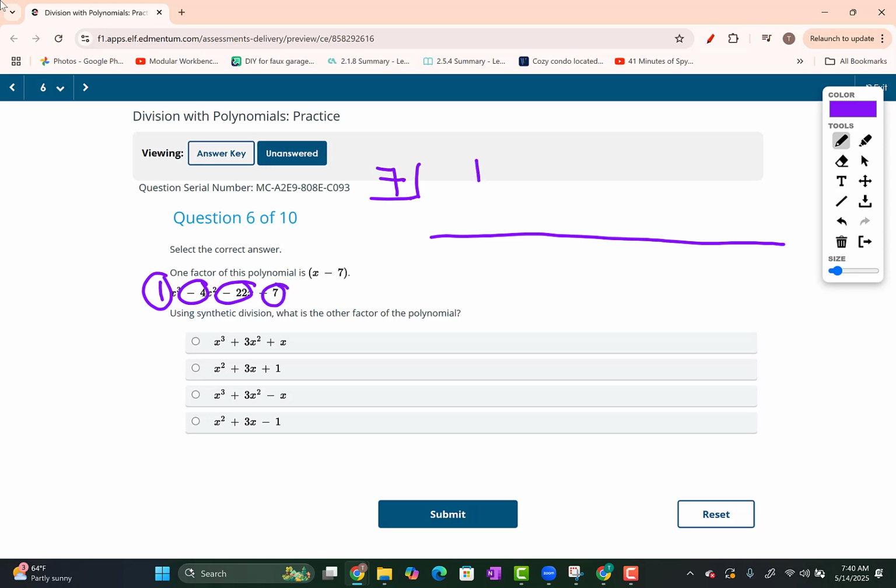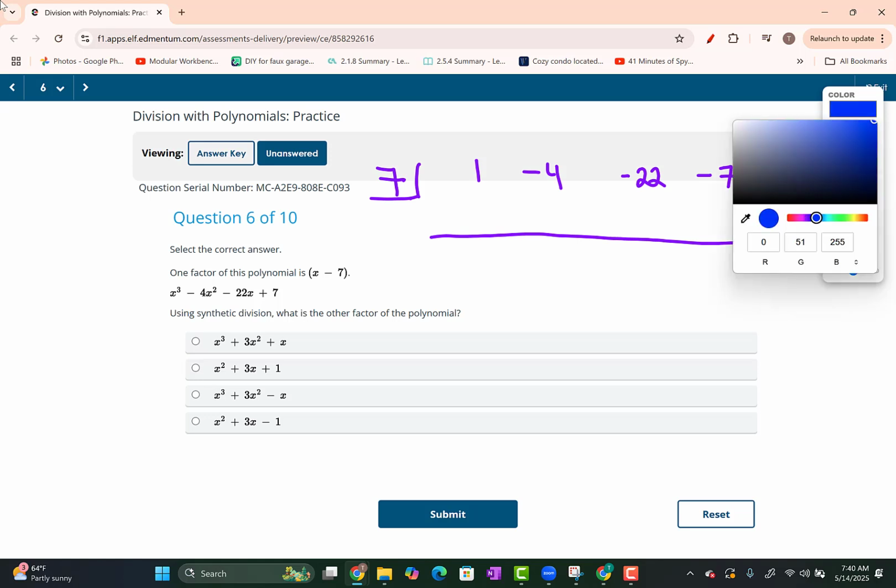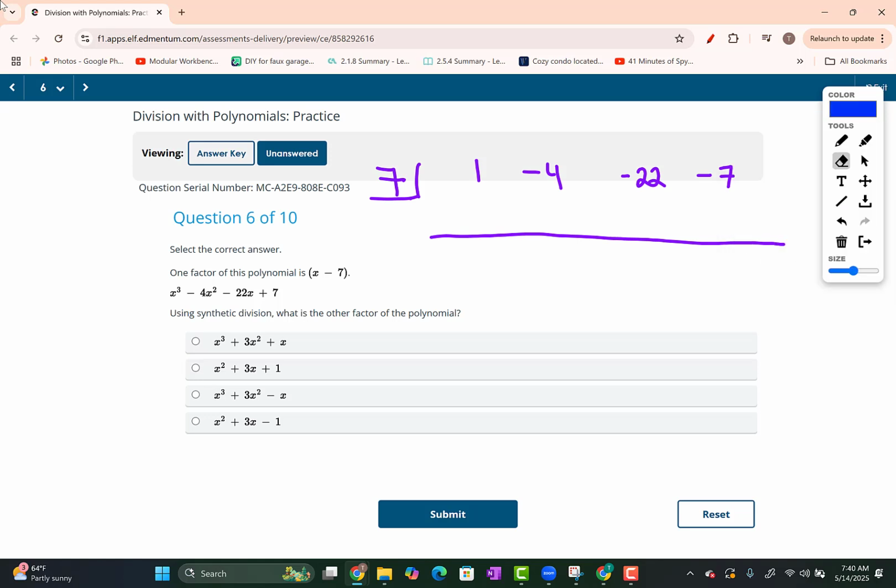Now, I'm making this video assuming you've seen the synthetic division process at least once before. If not, it's going to take you a few examples of seeing this process for it to really sink in.